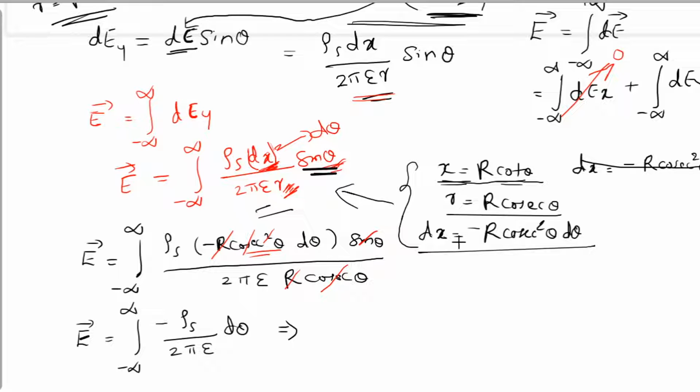If you use proper integration by substitution of variables, see how integration becomes easier. Now here you see rho s, 2 pi epsilon, everything is constant, so I'll take it outside the integration. So minus rho s by 2 pi epsilon integral minus infinity to plus infinity d theta. Now what is the integral of d theta? Theta, right? So theta from minus infinity to plus infinity.